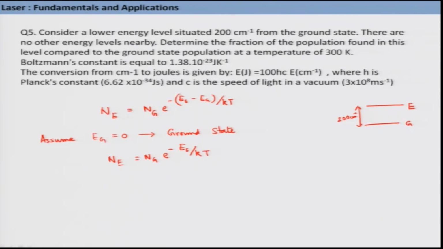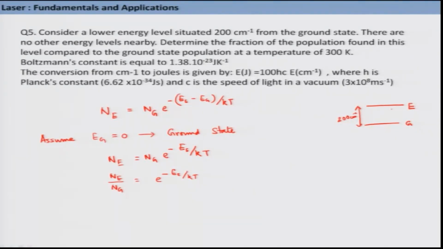So ultimately what I have to find out is N_e by N_g, correct. I have all the information. If I take the energy of the ground state to be 0, then the excited state has an energy of 200 centimeter inverse.